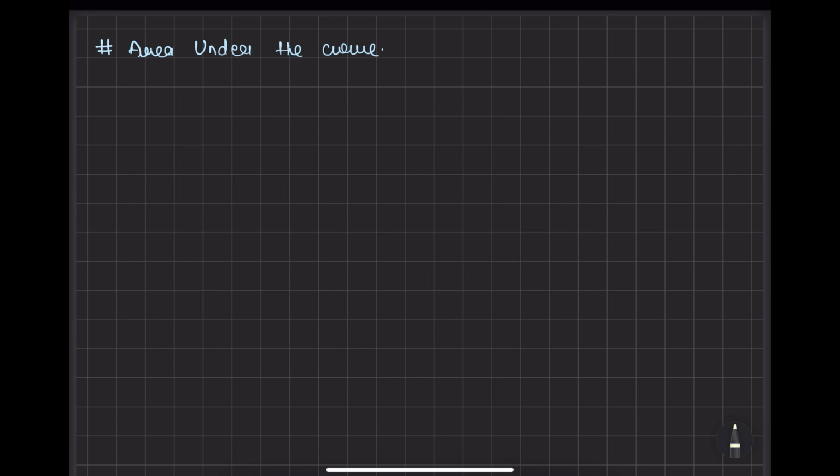In this chapter we will be handling two situations: finding the area under the curve and the area between the curves.